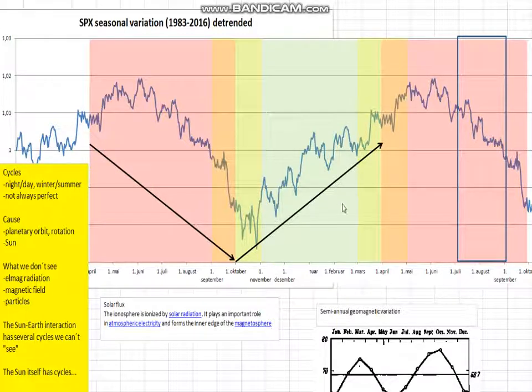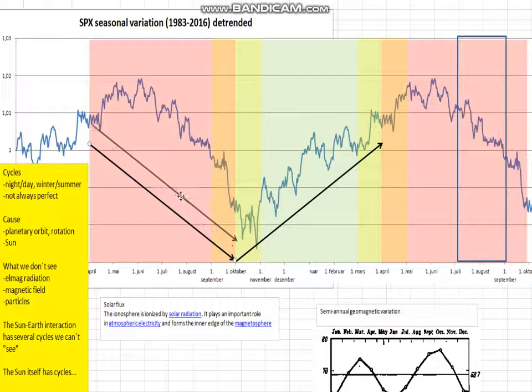And in the winter, actually, we are the closest to the sun. So if we make a hypothesis that high density of solar radiation is bullish, then we can draw here a red bearish period and a green bullish period.